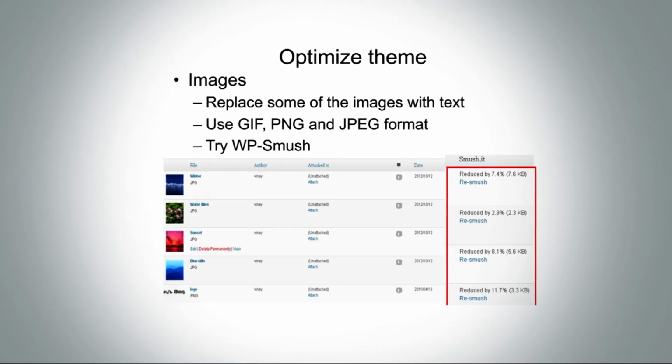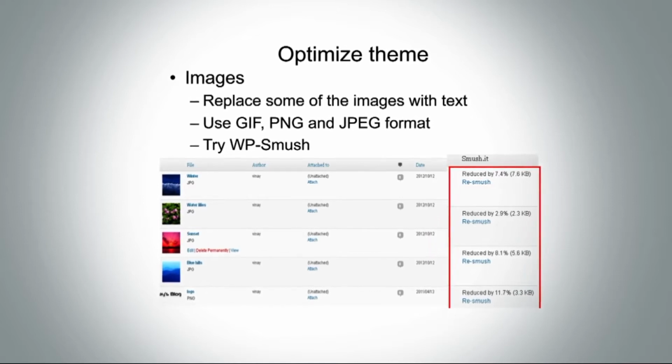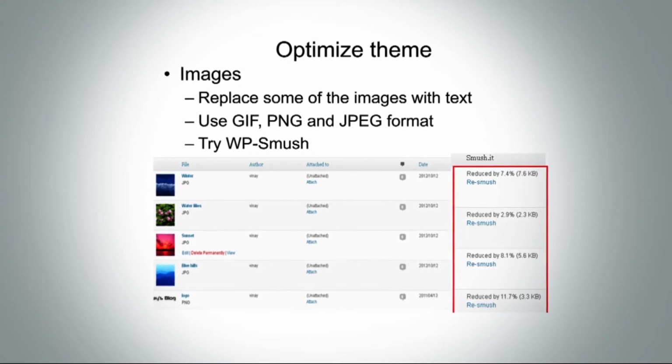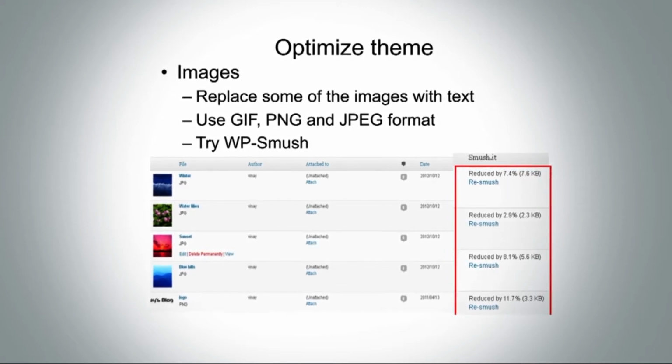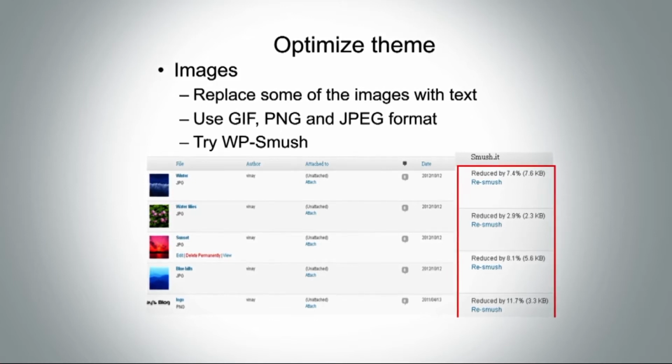We don't know that even an image has much unwanted meta information. We just see an image, and Smush.it reduces that meta information without losing any image quality. I also prefer the WP Smush plugin, and you can see the result. I tested 4 general files, and it reduced them by 7.5%. Significantly, it will play a great role in your optimization.